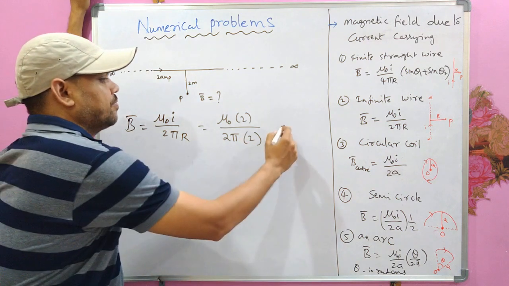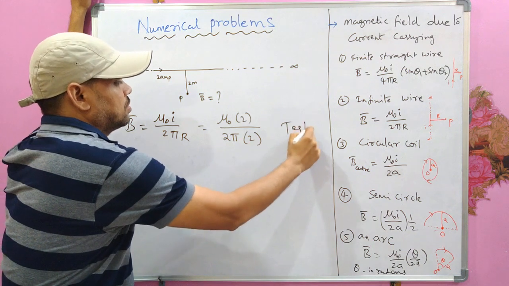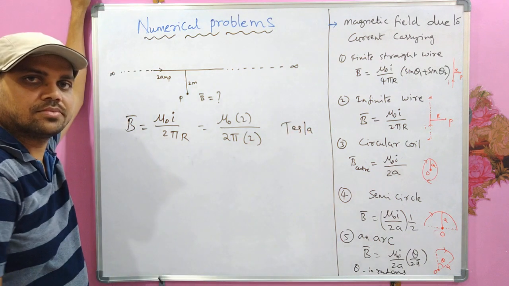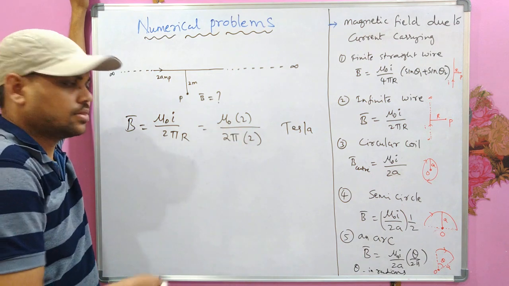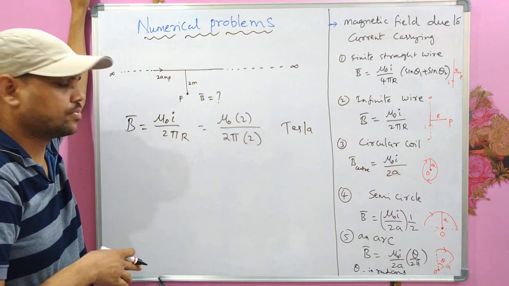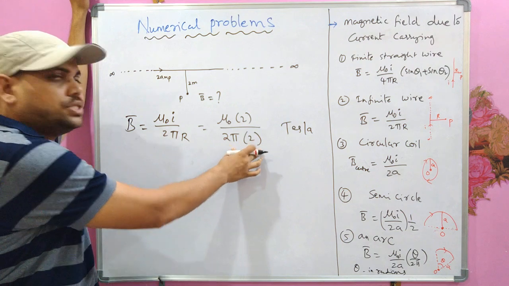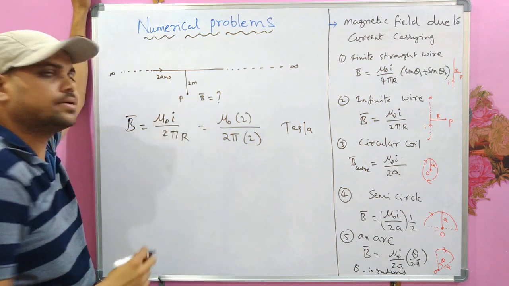We'll get in Tesla. If all the units are substituted in MKS, then you will get Tesla. So this is the magnitude of the magnetic field at this point.